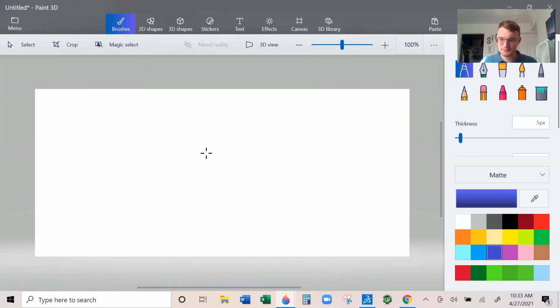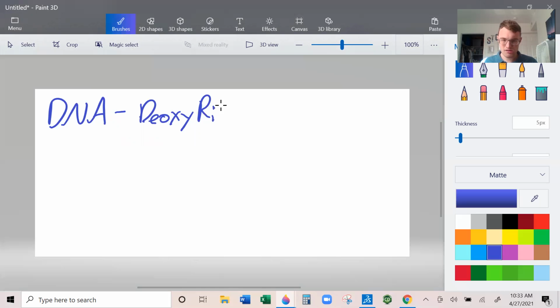Okay, here we go. DNA. We talked about this during week 1, but DNA stands for deoxyribose nucleic acid.